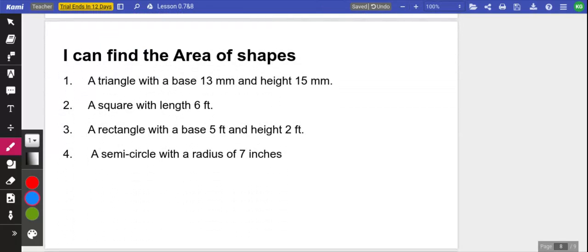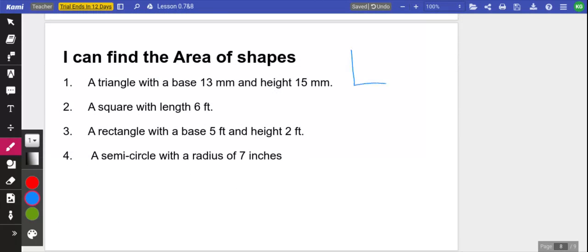Now we're on to the area formulas. We have a triangle whose base is 13 and whose height is 15. And my formula for a triangle is half the base times the height. So I'm going to do 1/2 times 13 times 15, 97.5.